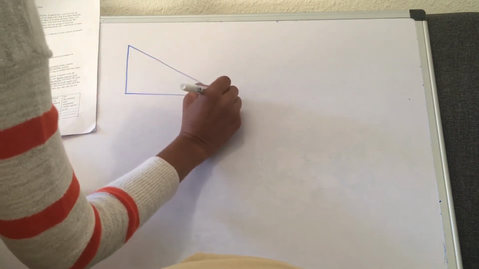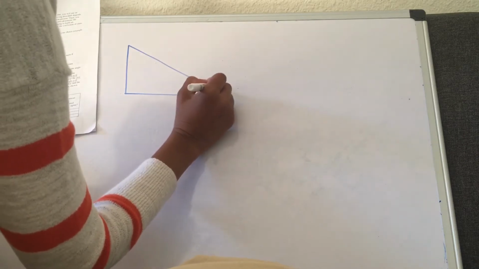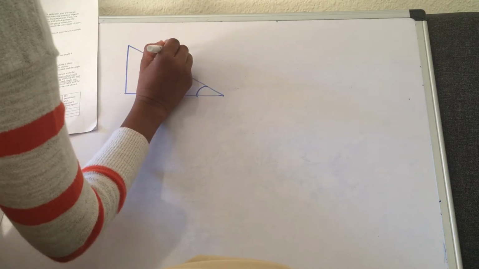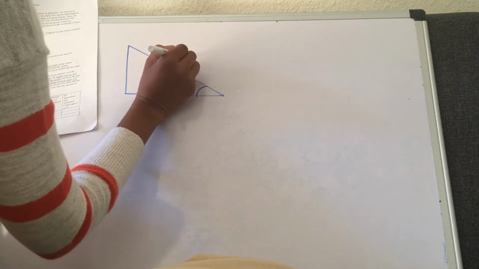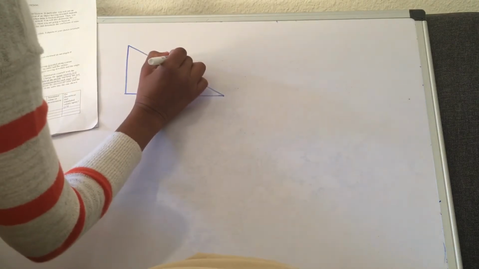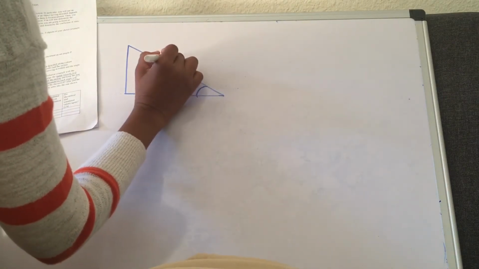So let's say this is angle theta. Let's say we have some object here, and it has mass m.